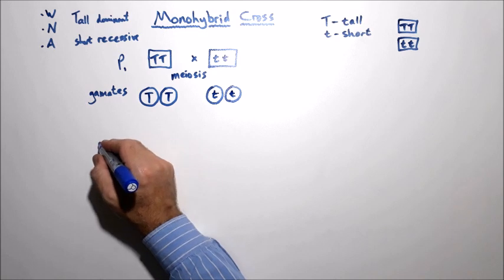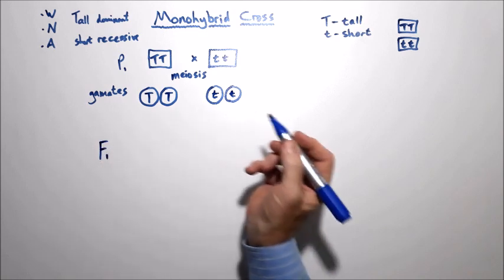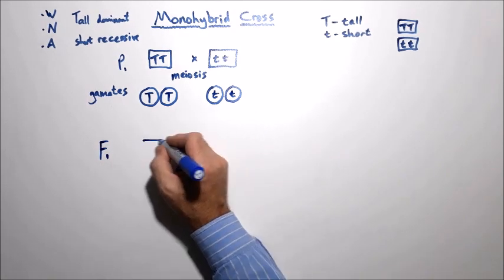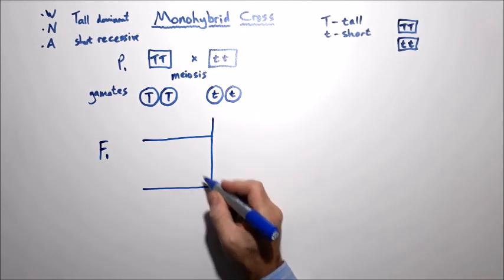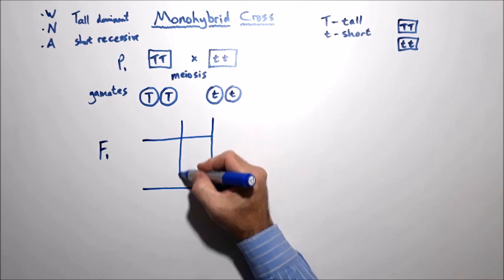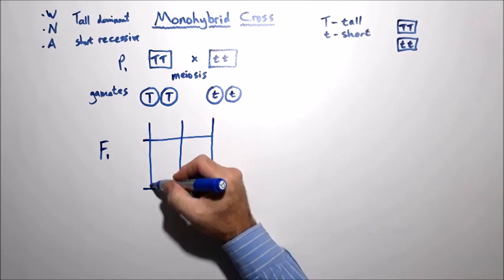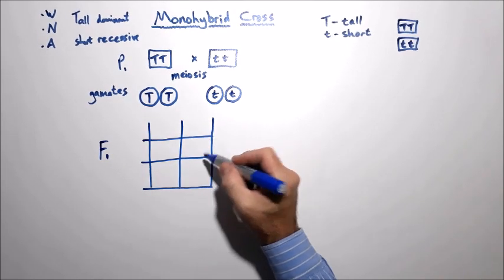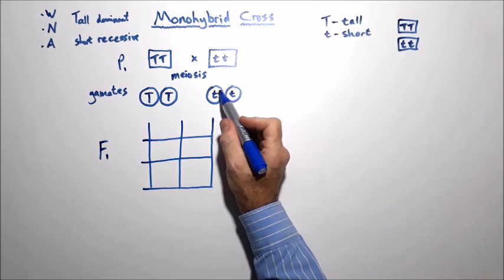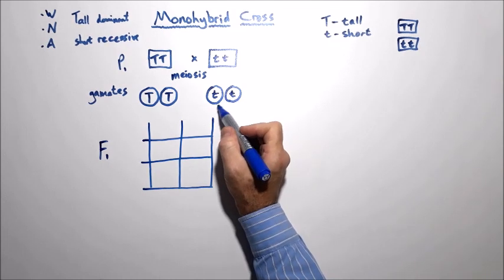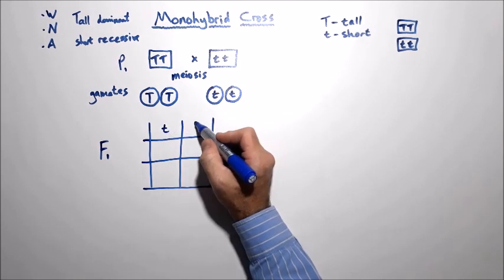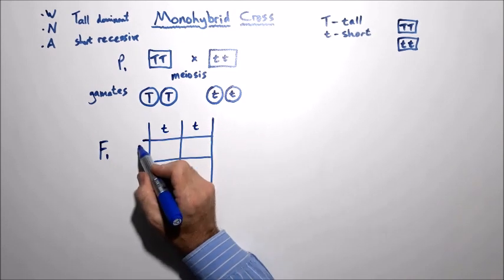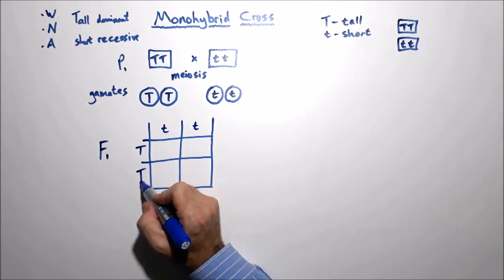Now we're going to draw a Punnett diagram, and that's called the first filial generation. And the first filial generation I want to represent in a punnet. So a punnet is like a tray, and in this tray we are going to put the cross between the two. So these gametes over here go into that block, this one into that one, and big T into there, and big T into there.